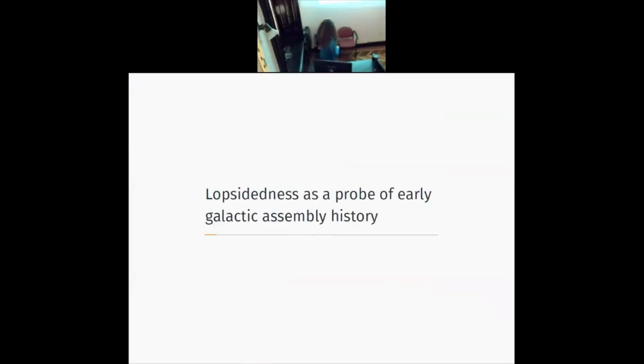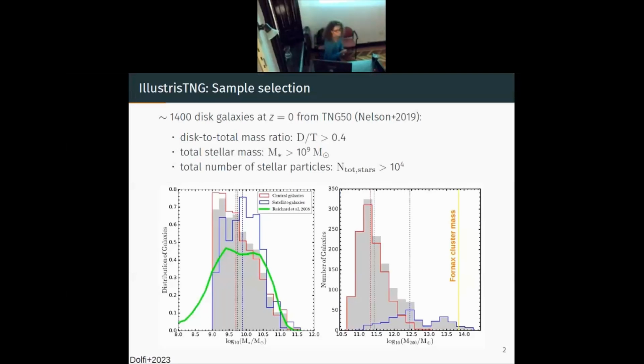So in this project, we've used the IllustrisTNG simulations, in particular the TNG50 simulations, to study this type of perturbation. What we did was select a sample of disk galaxies at redshift 0. Here you can see the stellar mass distribution between 10 to the 9 and 10 to the 11.5 roughly.